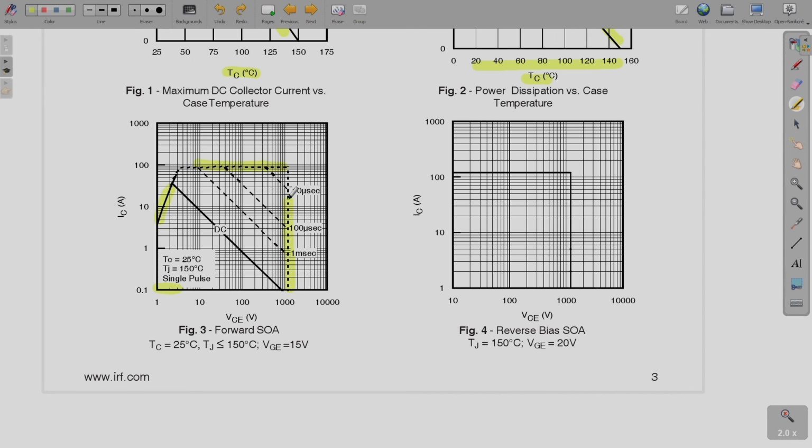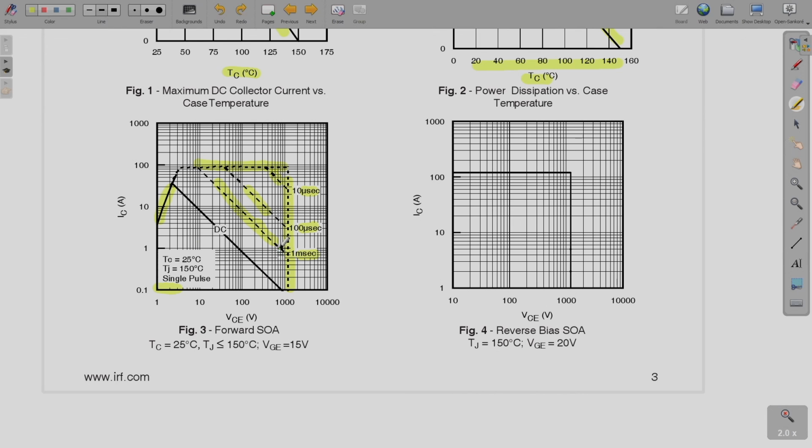This is the voltage limit of the device, and then if we apply the pulse for 1 millisecond, this is the power dissipation limit PD, which we had discussed when we discussed SOA. So these are all power dissipation limits. As your pulse time decreases, this limit increases, and this is for your DC.